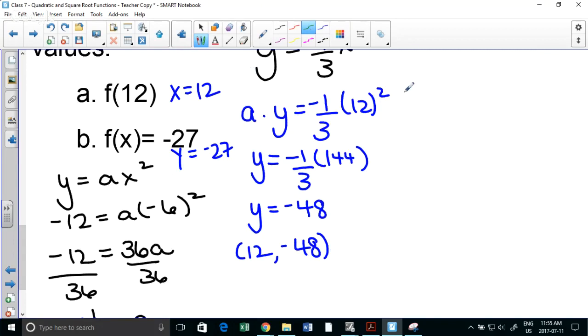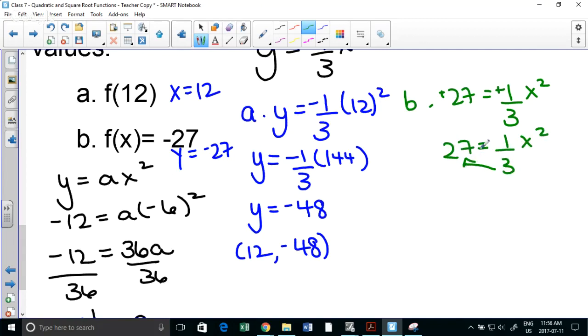For B, we have y equals negative 27. Why did I write 25? Oh my goodness. Negative 27 equals negative 1 over 3 x squared. So the negatives cancel out and we get 27 equals 1 over 3 x squared.